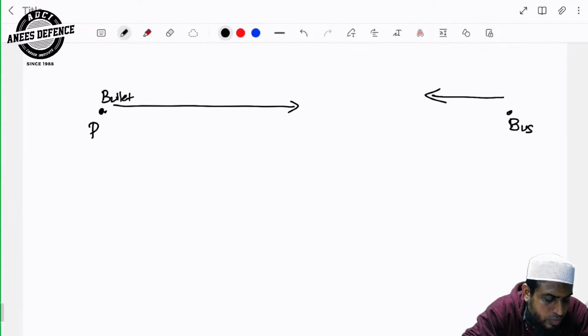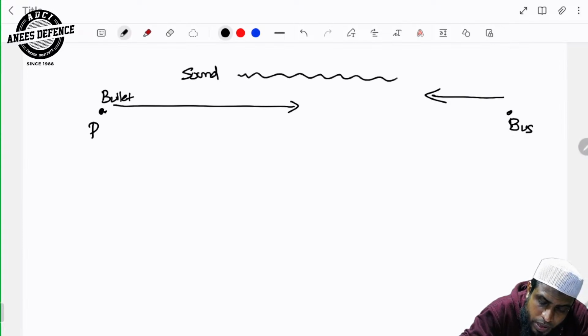If the bullet is fired, the sound will move, the sound will go, and the person sitting in the bus can hear that.